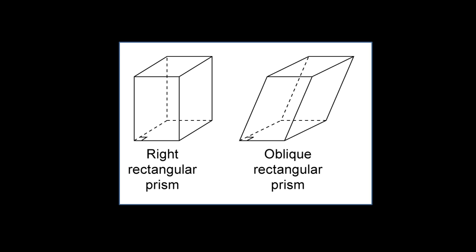So in this case we have an example of a right rectangular prism and an oblique rectangular prism. Sometimes the oblique prisms kind of look like they've been pushed over a little bit. That's what makes those faces that connect up the bases parallelograms instead of rectangles.